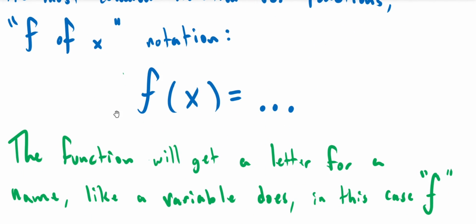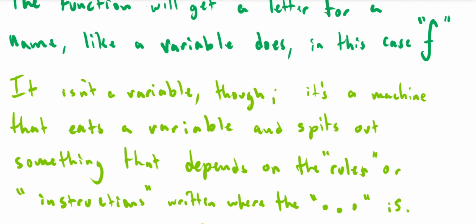You should think of the f as being the name of the function. Just like variables get a letter, functions get a letter too. It's not a variable. It is a machine that eats variables. It takes in variables and then it spits out something else, a dependent variable that's based on the rules or whatever the function's instructions are.